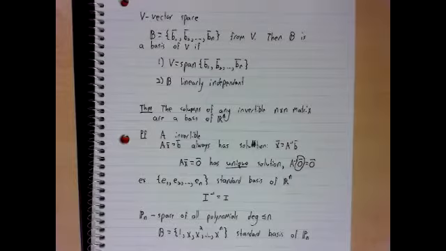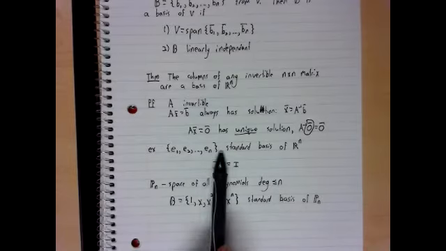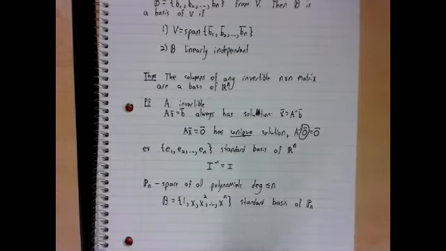Any vector space that has a basis has an infinite number of bases, but some bases are nicer than others, hence they get these special names.